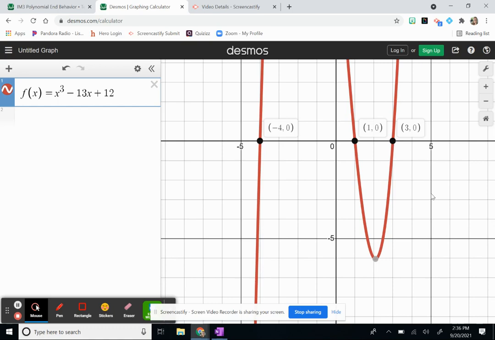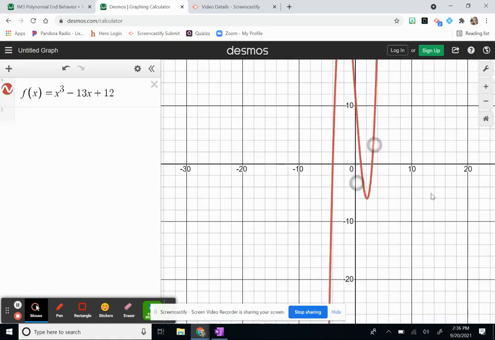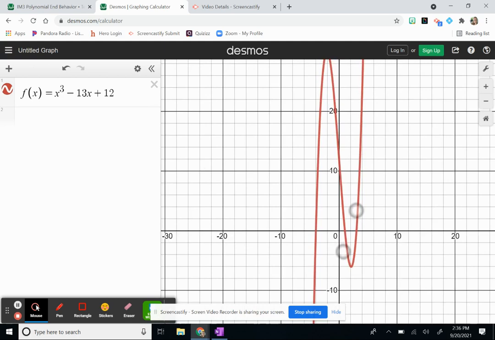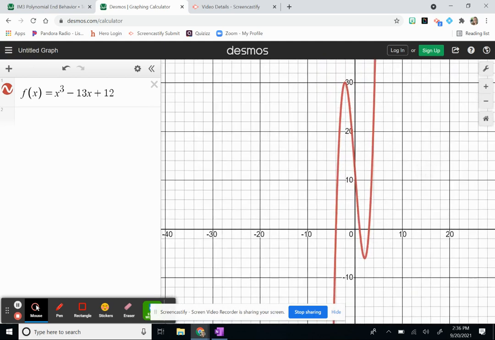But I want to see more of what this graph looks like, so I'm going to zoom out. This gives me a general shape. It looks like it goes up to about 30, down to about -5. I'm curious to see where this crosses the y-axis, so I'm going to zoom back in.